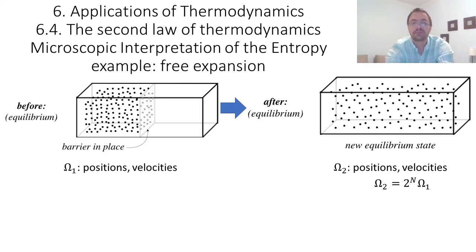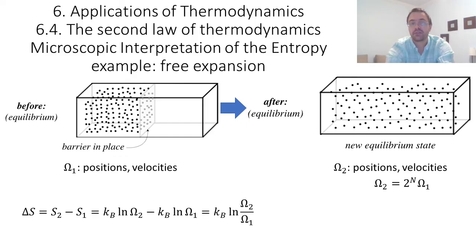So let's continue. We can calculate the change of entropy delta S. It is equal to the final entropy minus the initial entropy, so S2 minus S1. And that is equal to Kb ln of omega 2 minus Kb ln of omega 1. And so using the properties of the logarithm, you can write Kb ln of omega 2 over omega 1. And since omega 2 is 2 exponent n times omega 1, then the entropy change is equal to Kb ln of 2 exponent n.